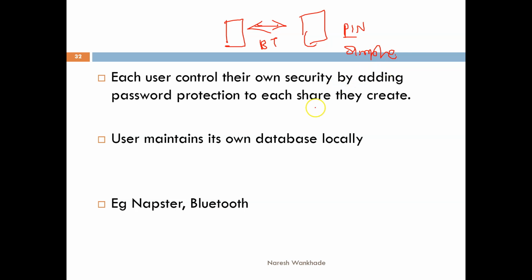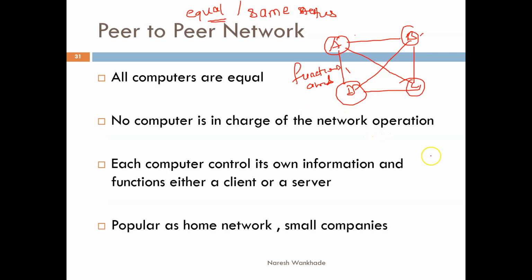And in this peer-to-peer network, all users maintain their own database locally. Means A's data is stored at A's location, B's data is stored at B's location, C's data is stored at C's location, and D's data is stored at D's location.